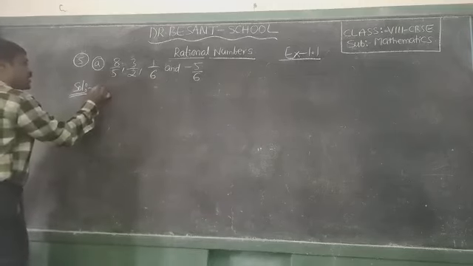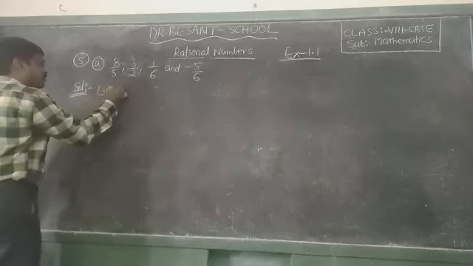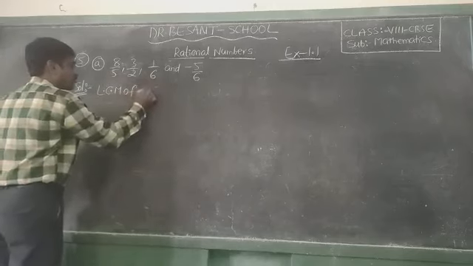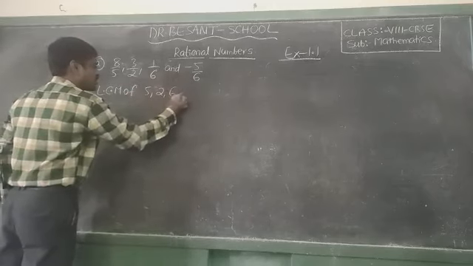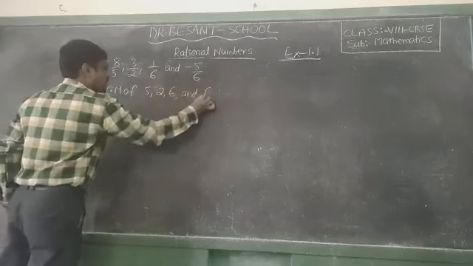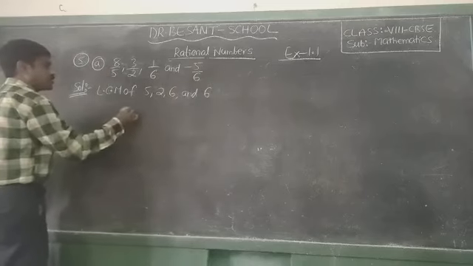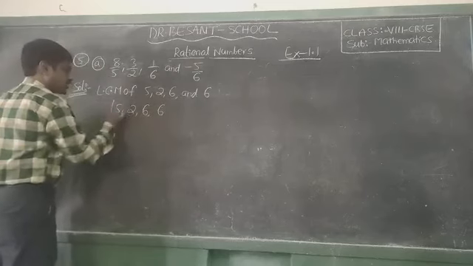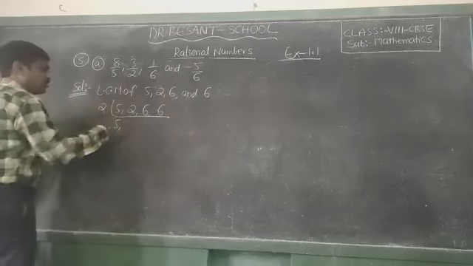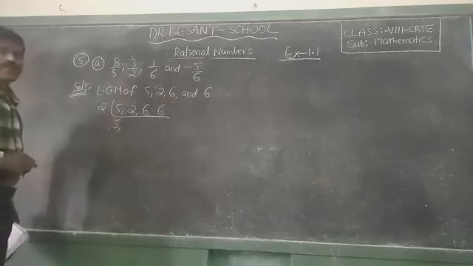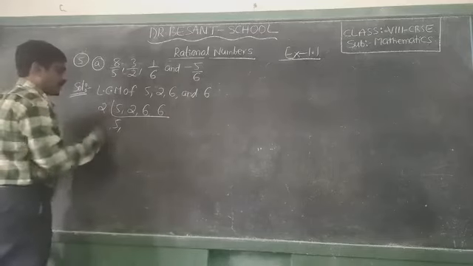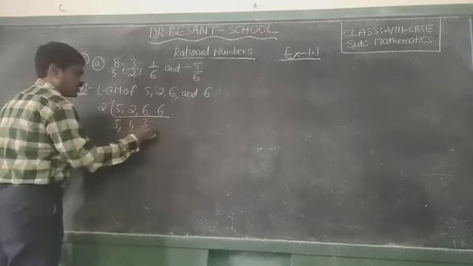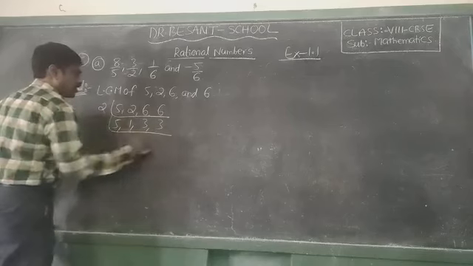See, LCM of 5, 2, 6 and 6. So 5, 2, 6, 6. 5 is not divisible by 2, that's why 5 only we have to write. 2 1s are 2, 2 3s are 6.